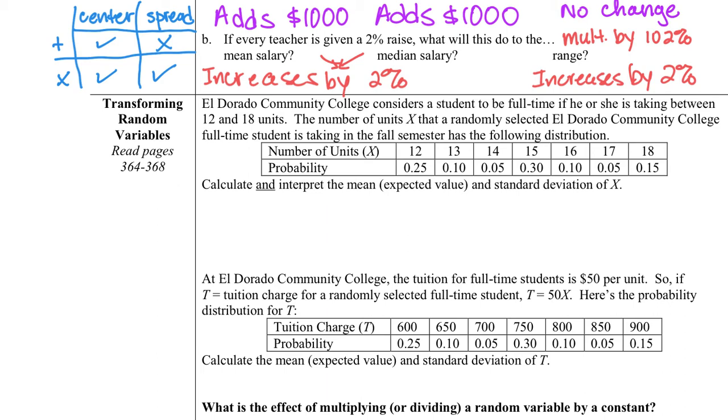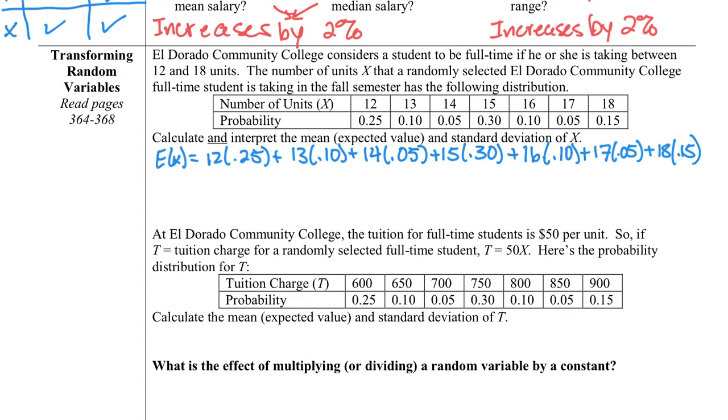We're going to start by calculating and interpreting the mean and standard deviation of X. So I've written out my mean or my expected value. So don't forget when we're doing these random variables, the expected value is the same as the mean. It's a very long list this time since we actually had 7 numbers.